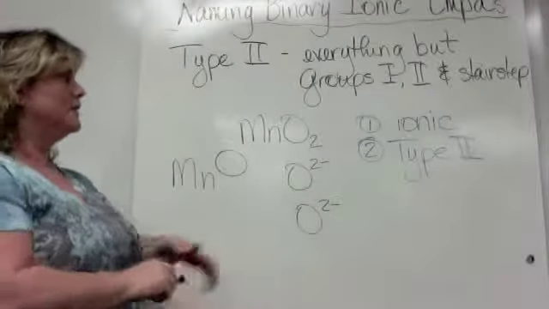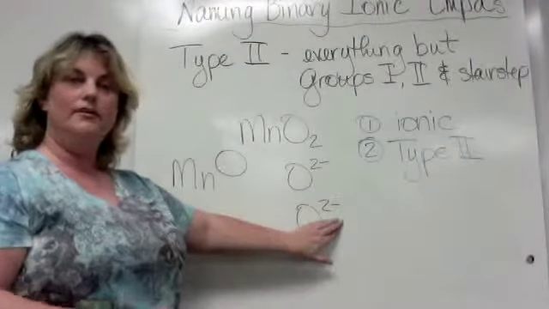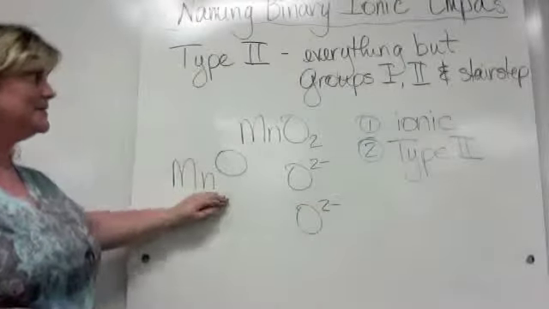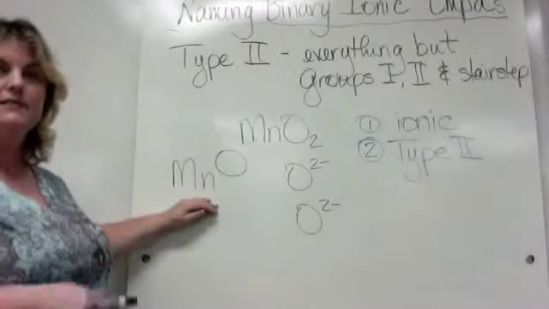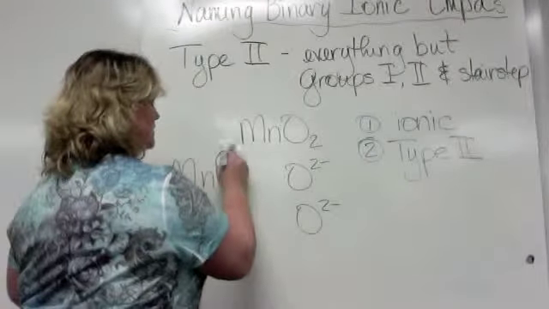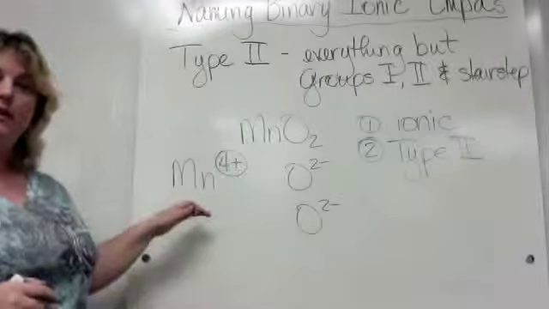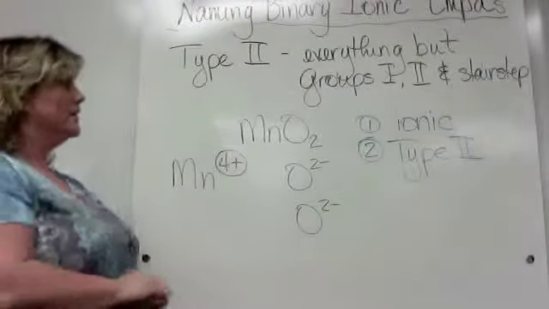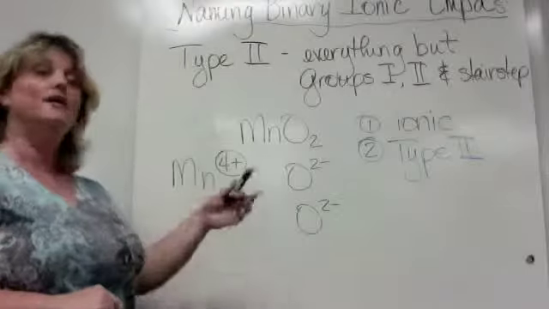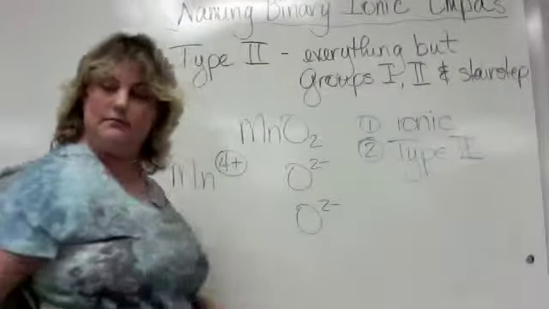If overall in this compound I have -4 from my anions, that means that this one manganese must be what charge? A +4. So now I know that my manganese is a +4, I can go ahead and name my compound.